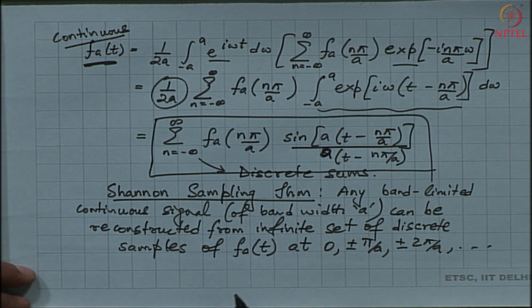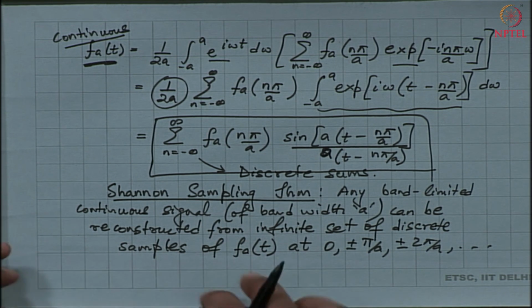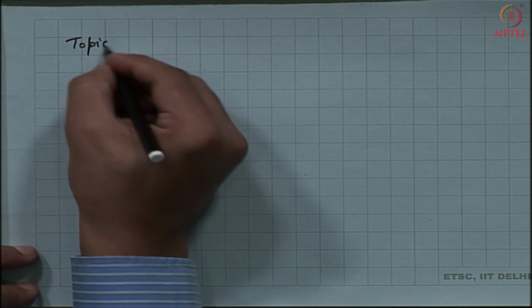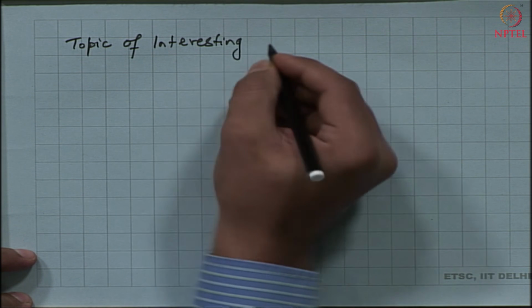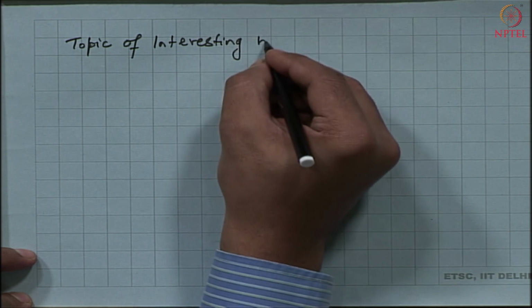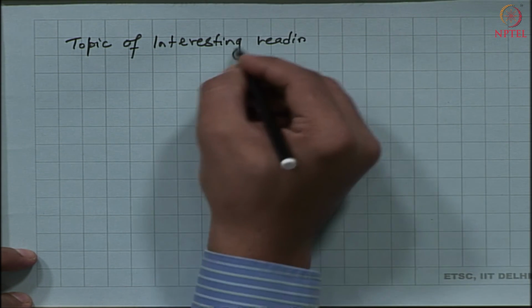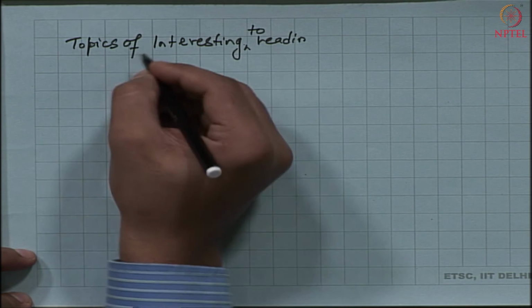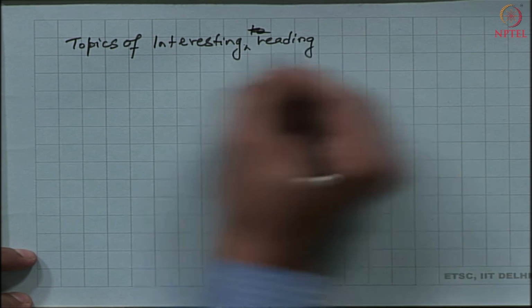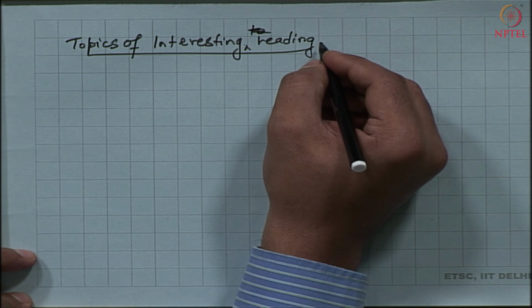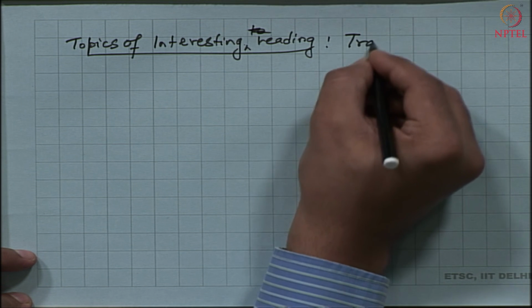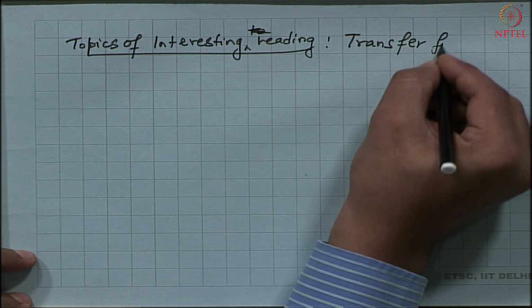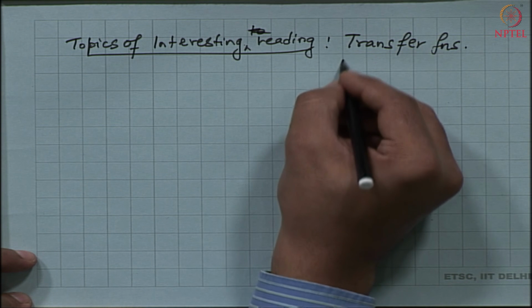Okay. So, I want to end this discussion by providing a few more topics of interesting reading. People who are especially working in this area of low pass filtering, band pass filtering or the Shannon sampling theorem should also look at topics like transfer functions, what are these, impulse response functions.